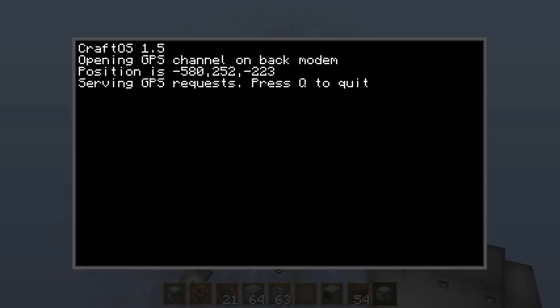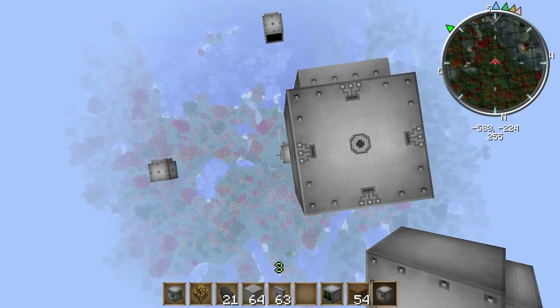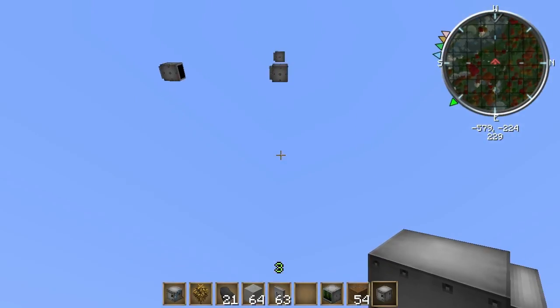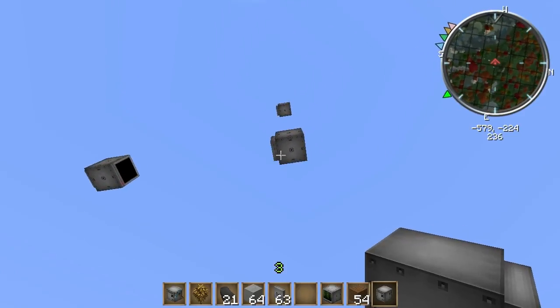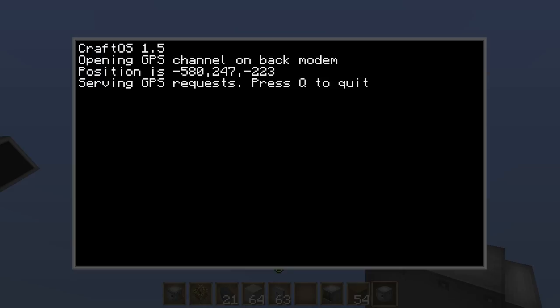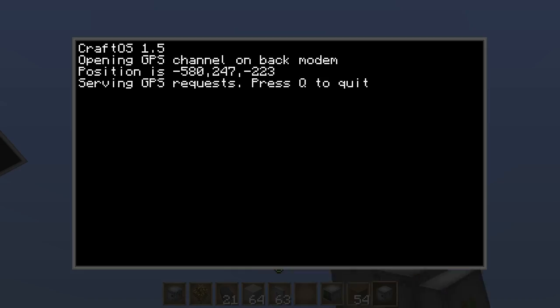So this one is saying minus 580, 252, minus 223. Basically, it's not particularly accurate, but it could be a lot less accurate. This one should say similar stuff. Minus 580, 247. Oh wow, that looks completely off.